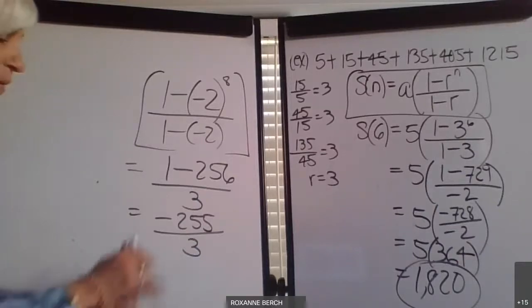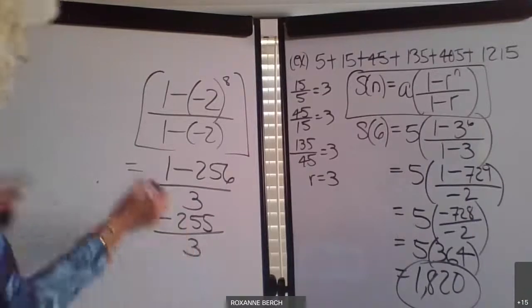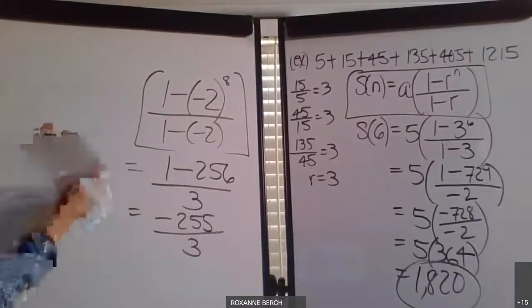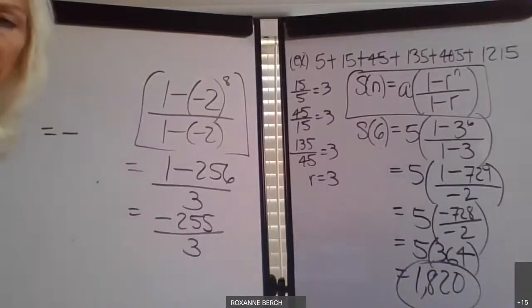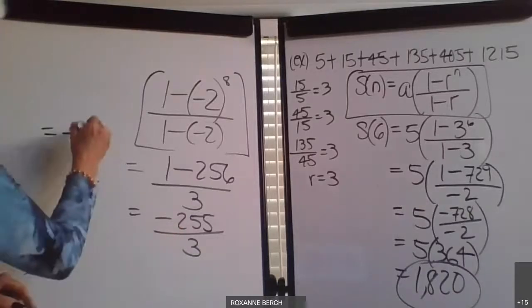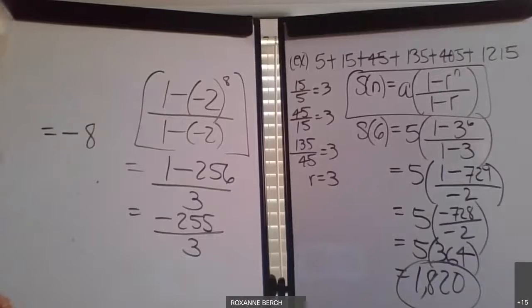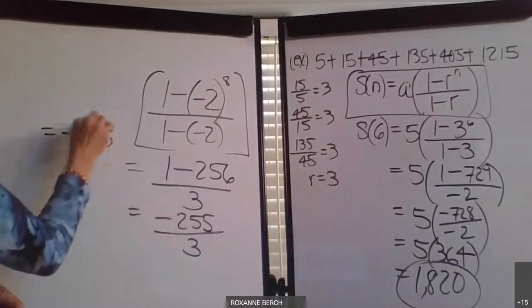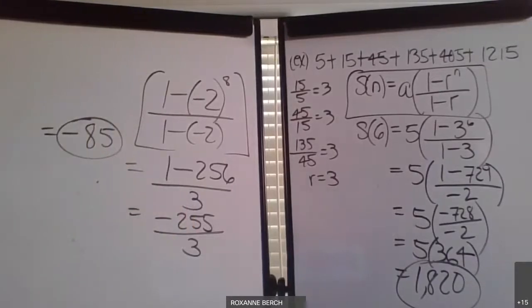And now we can see if this divides. I don't know if it's going to simplify. Let's just see real quick. 3 times what is 2? Nothing. 3 times what is 25? 8, with 1 remaining. So isn't that a negative 85? Yes or no?